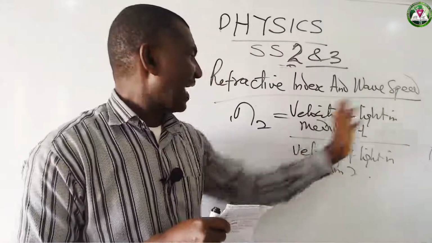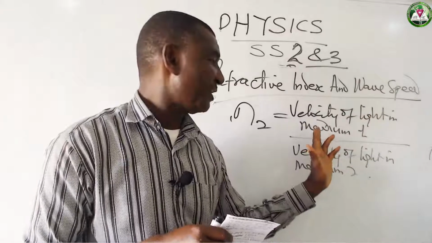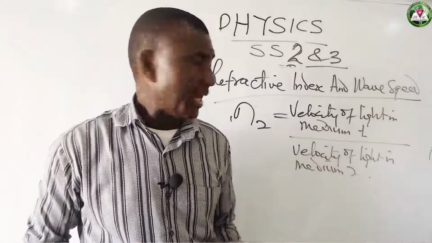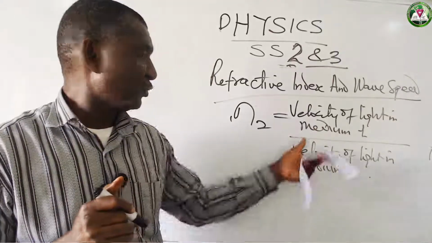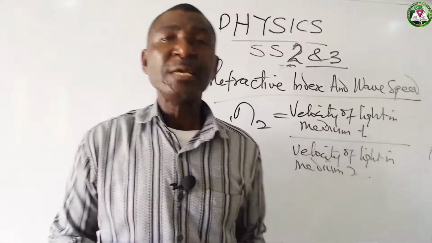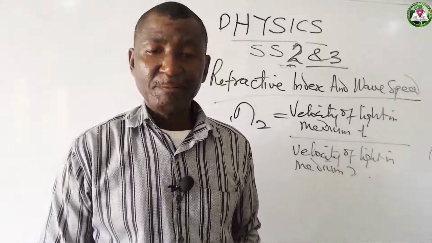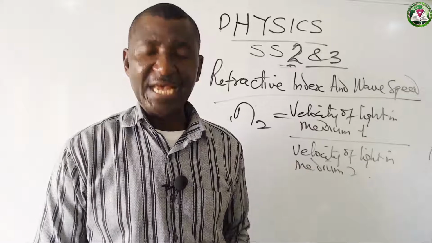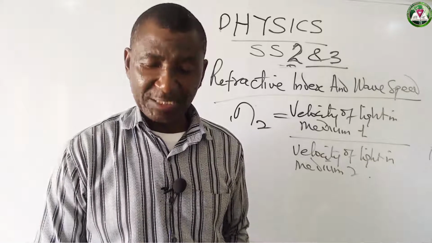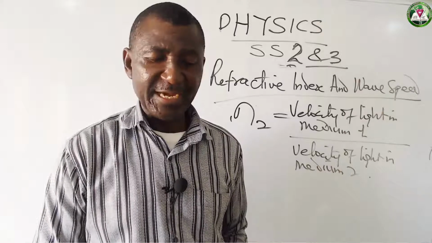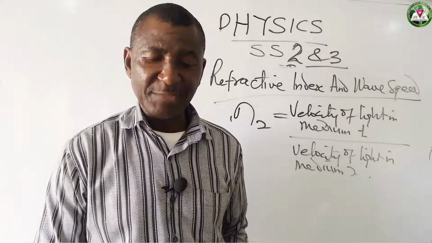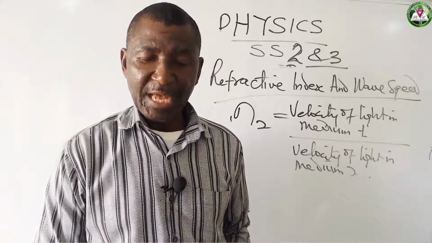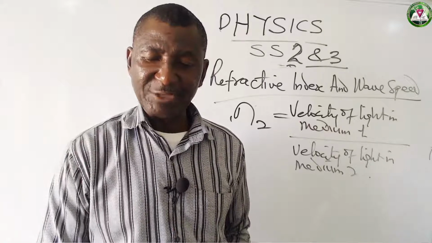The same application applies to the other one: the velocity of light in air, assuming air is the first medium, all over the velocity of light in the second medium, maybe that of the glass. So let's take the second example using this equation. It says, the velocity of light in air and glass are 3.0 times 10 raised to power 8 meter per second and 1.8 times 10 raised to power 8 meter per second respectively.